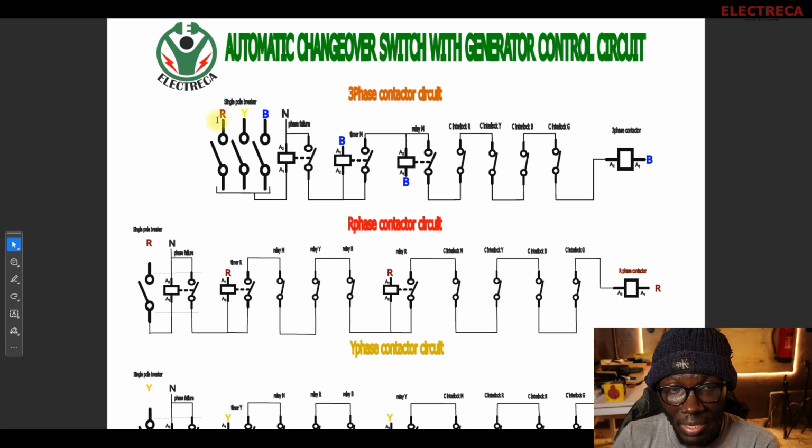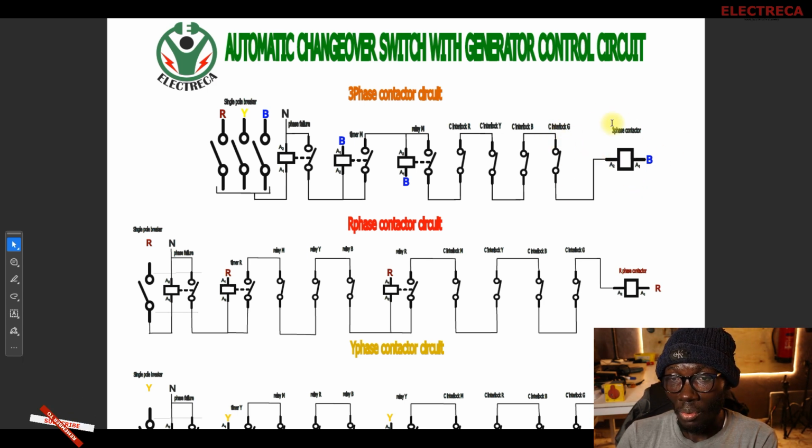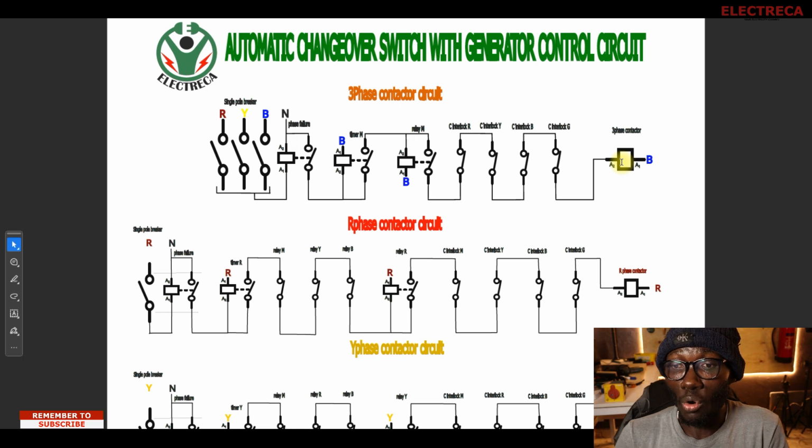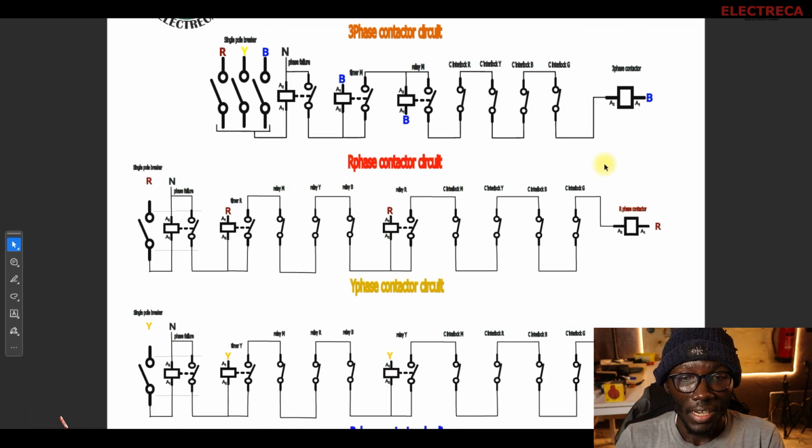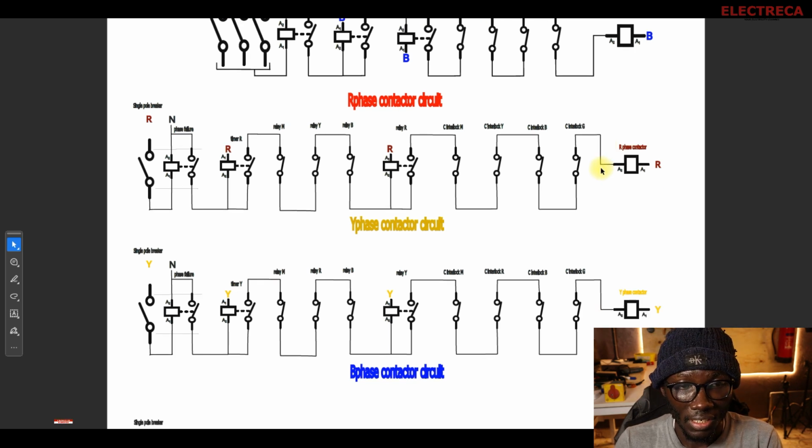So this main contactor here, or the 3-phase contactor, if you can look clearly here, we have got contactor interlock R, we went through contactor interlock Y, contactor interlock B, and then contactor interlock G. Okay, all right, and then here we have got our coil. Okay, all right, now if we get to the second circuit, this is also the same thing.